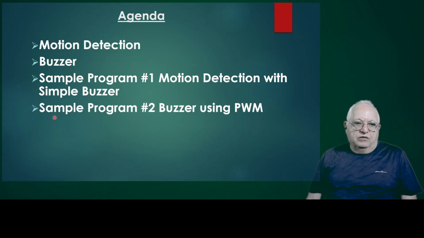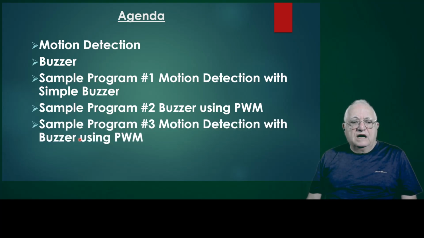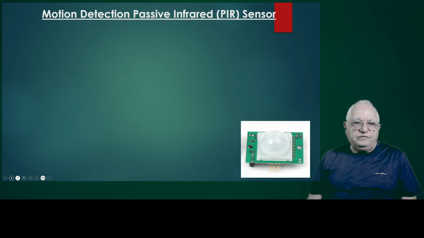Next, sample program 2 is going to address how we can come out with more sophisticated buzzer sound. And finally, sample program 3 will use the motion detection with a more sophisticated buzzer sounds. So let's start by talking about the motion detection.